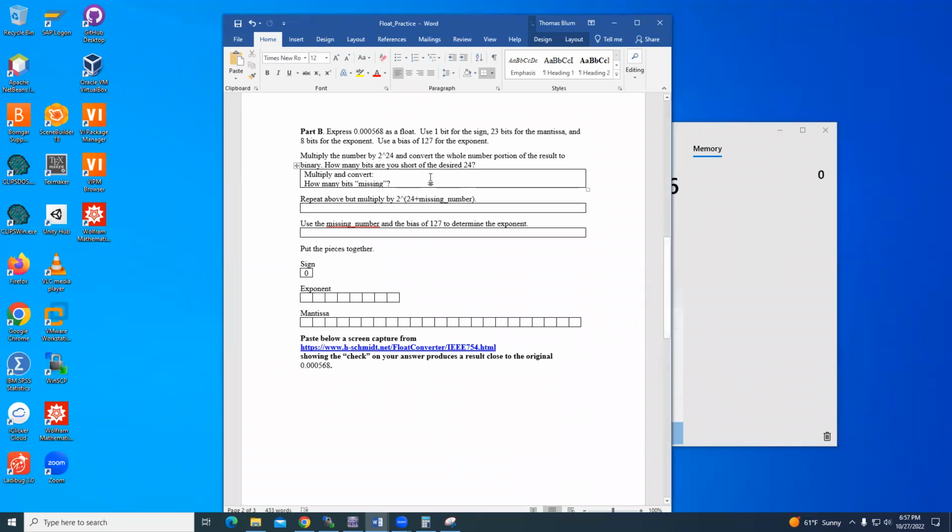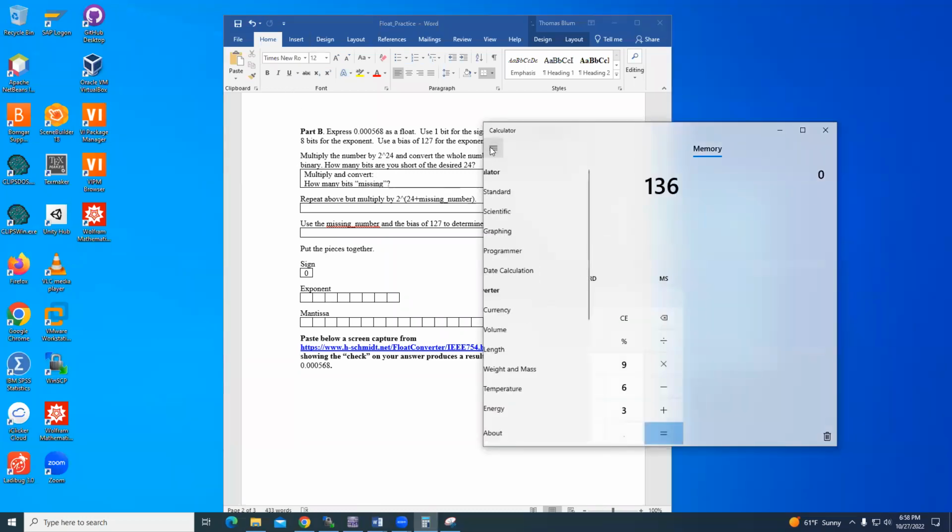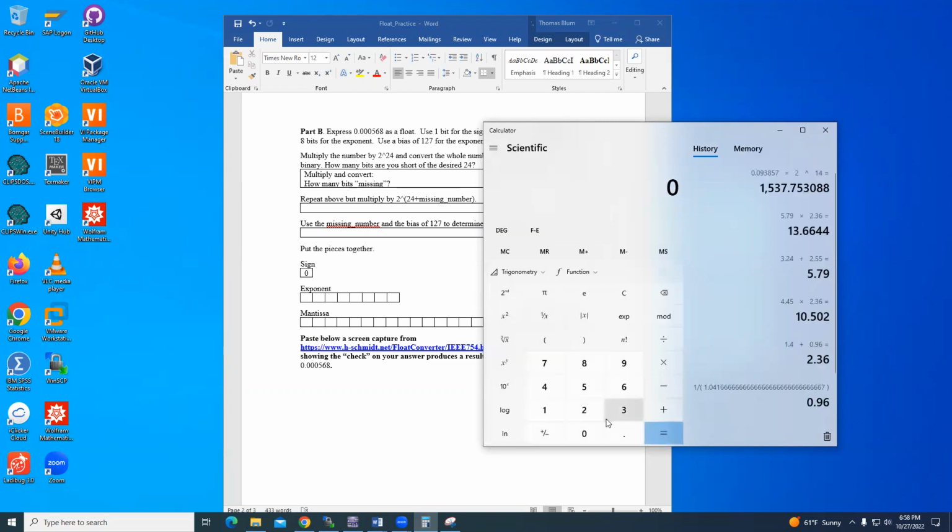You're also going to see them on the test. And so we start off by pretending that I have all 24 bits for the fraction, since there is no whole number. And so when we play that game, we take 0.000568 and multiply it by 2 raised to the 24. And here's the game. Okay.